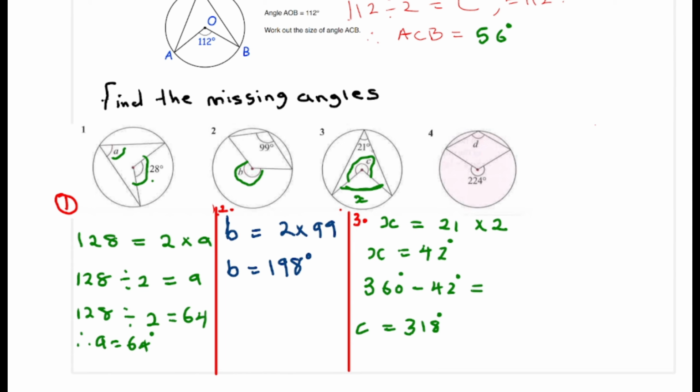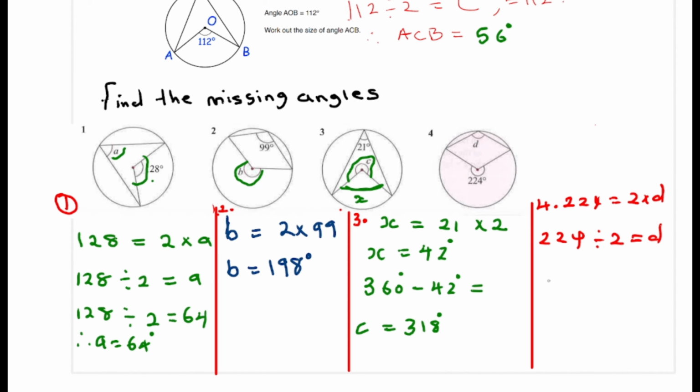All right, the next one, the fourth one, says 224, and then we have d. So 224 equals 2 times d, according to the theorem. So 224 divided by 2 equals d.